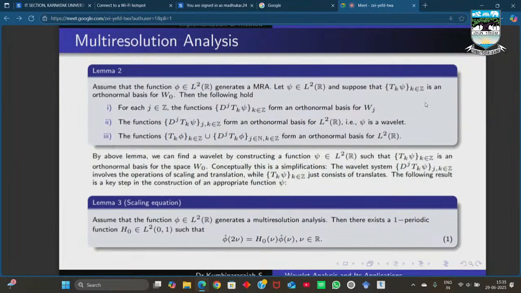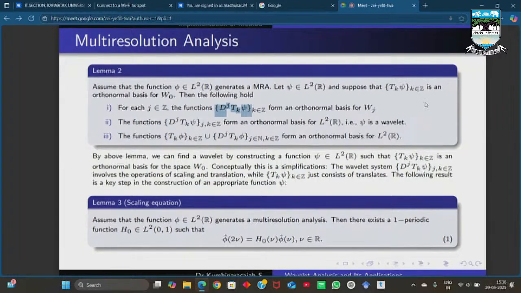Suppose Tk psi is an orthonormal basis for W0. Then, first, in the same way as the scaling function has been generated, if I know the orthonormal basis for V0, then I can create an orthonormal basis for V1 by taking the first dilation, d power 1. Similarly, for the wavelet function, if I have an orthonormal basis for W0, then obviously this will act as an orthonormal basis for Wj.